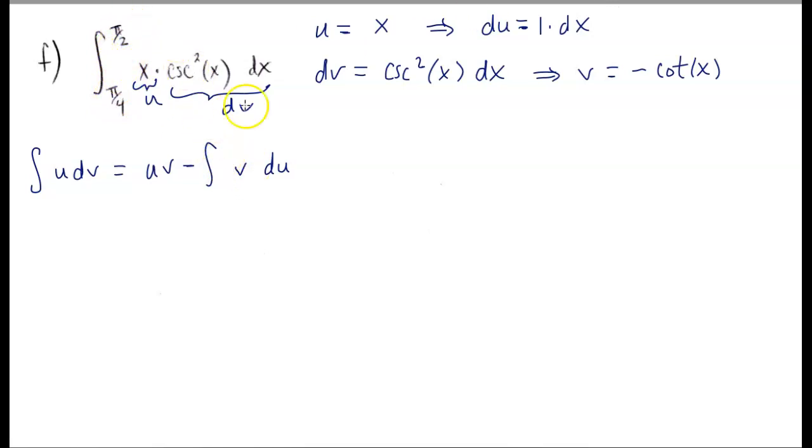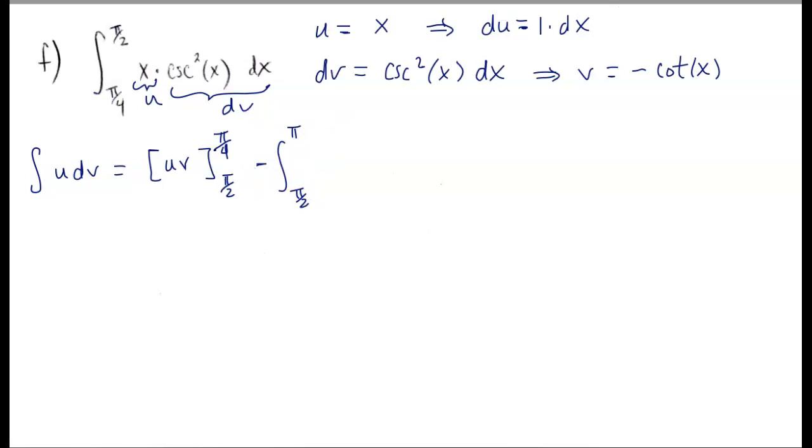So we're going to erase this and make sure that we include the fact that we're evaluating a definite integral here. So I'm going to do uv and evaluate that from pi over 4 to pi over 2, minus the integral from pi over 4 to pi over 2.